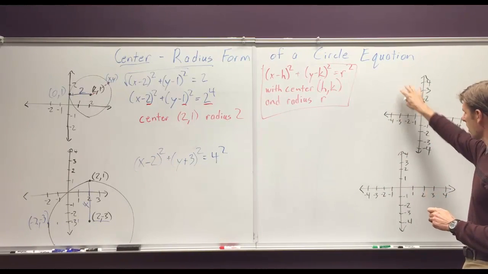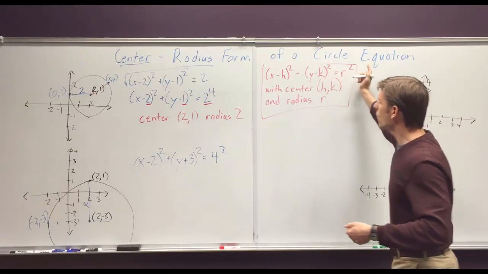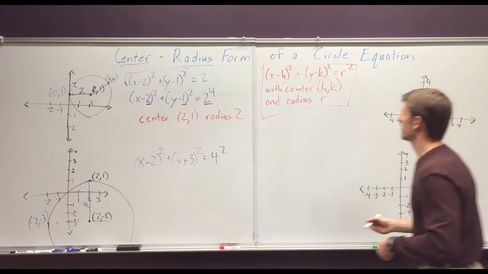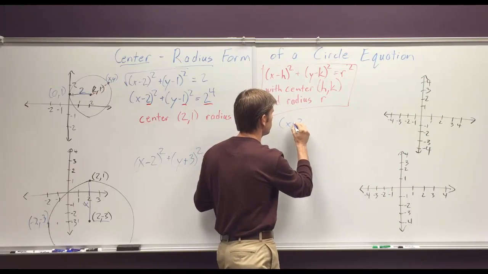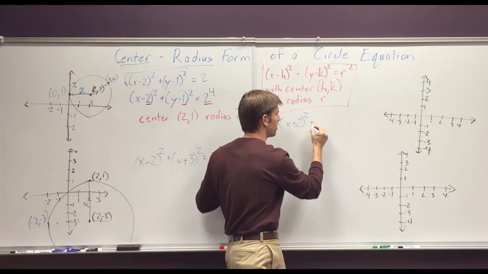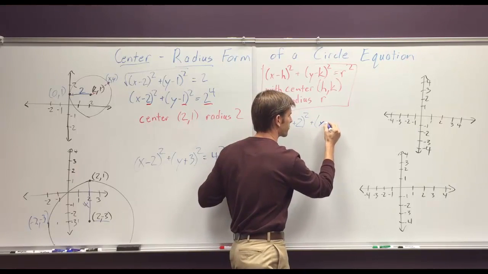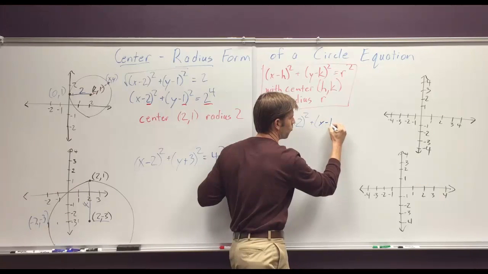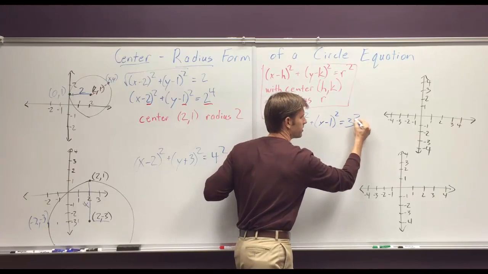So over here I made 2 graphs. Let's try and come up with 2 equations in this form, and then we'll go ahead and plot them. So let's see, let's do x plus 2 squared plus y minus 1 squared equals 3 squared.